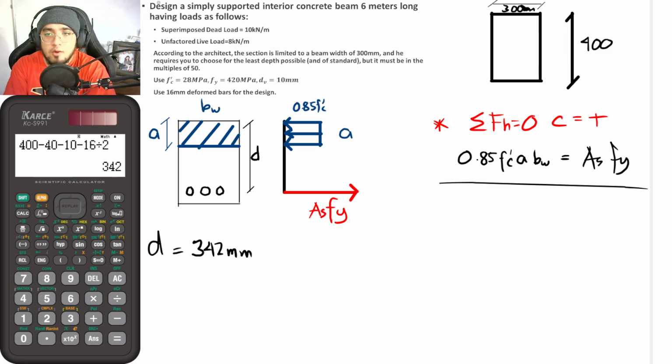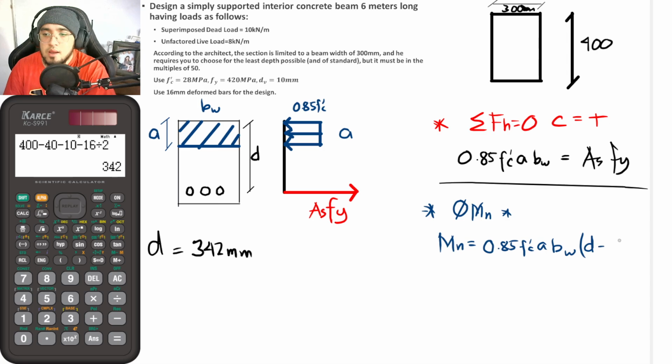And that other equation is, of course, the summation of moments, or phi Mn. Since Mn is equal to 0.85 F prime C A B sub W times d minus a over 2, we can now say that phi Mn is equal to 0.9.